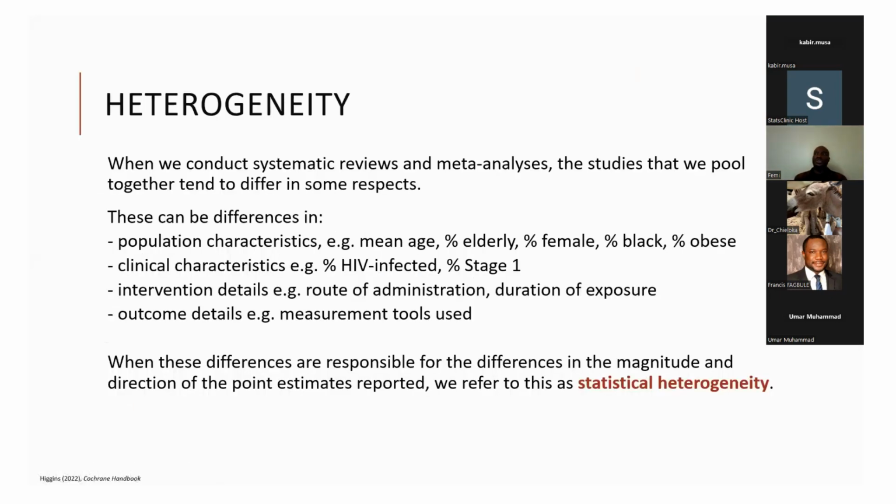All right. So the studies that we bring together when we do this meta-analysis can't all be identical. They have different attributes. Some of them, the mean age would differ. While some studies are conducted in the elderly, some may be conducted in children. The clinical characteristics would differ. The outcome details would differ. The intervention details could differ.